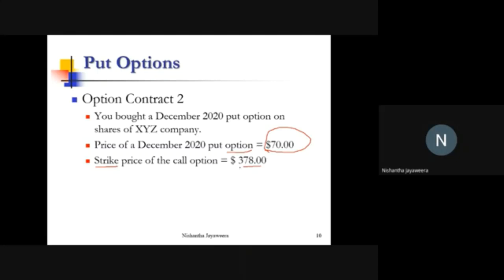Remember that. That's the price per share. But the contract may be for 100 shares. The premium that you have to pay to buy that right is $70. To buy the right to sell, you have to pay $70. That's the premium. Is it clear?